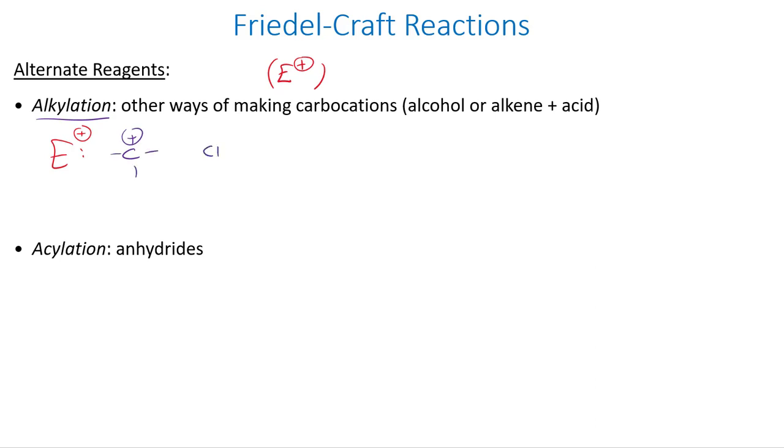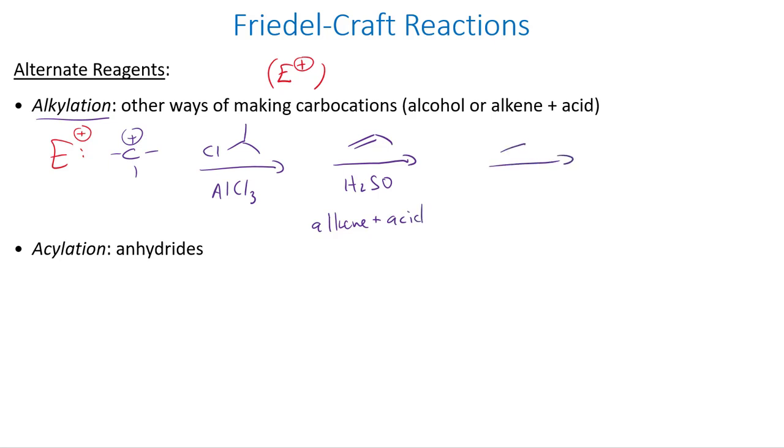So if we're making isopropyl chloride, adding an isopropyl group to the ring, we could also use an alkene with some acid to generate that carbocation. We could also imagine using an alcohol with an acid source. All of those would generate the same carbocation, which would then do our alkylation reactions.